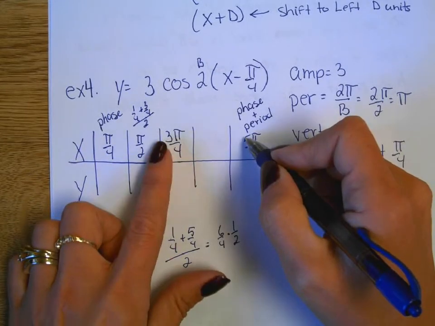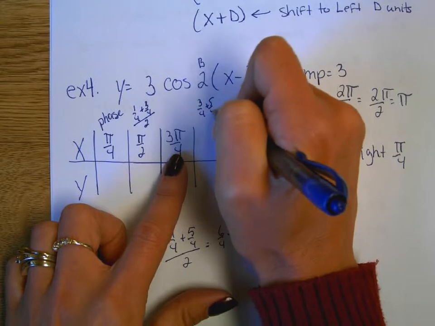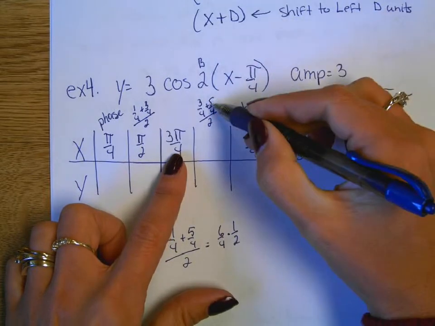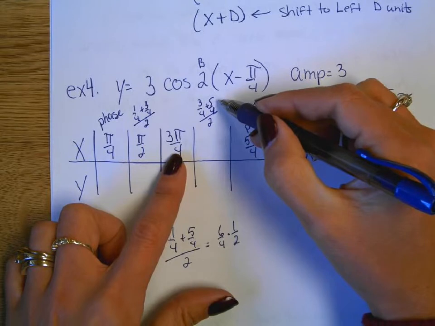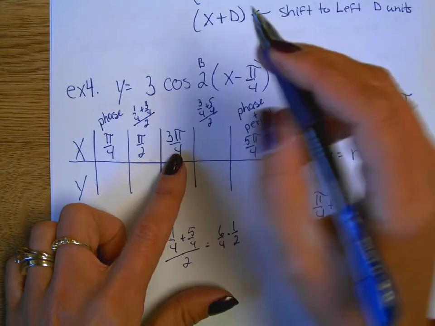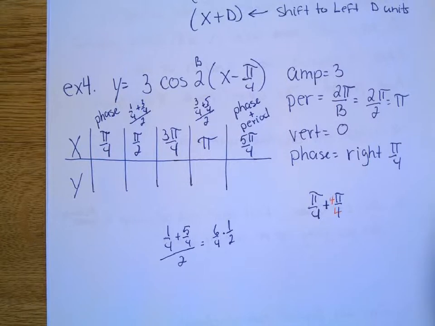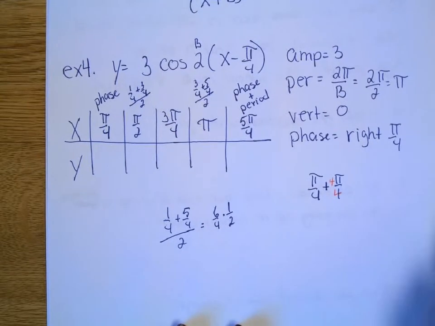And then I'm going to average these two. 3/4 plus 5/4, divide by 2. 8/4. What's 8/4? That's 2. Divide by 2 is 1 pi. X has just got a whole lot more challenging today. Yeah. There's a lot more work.